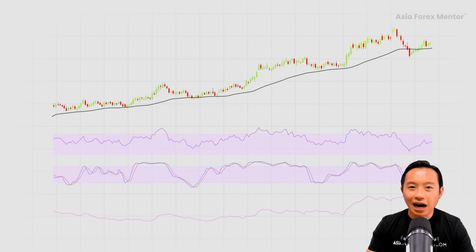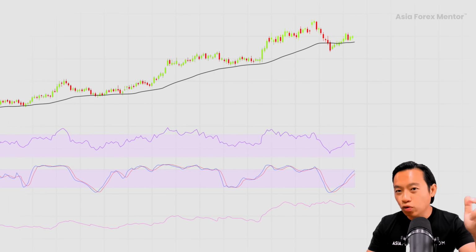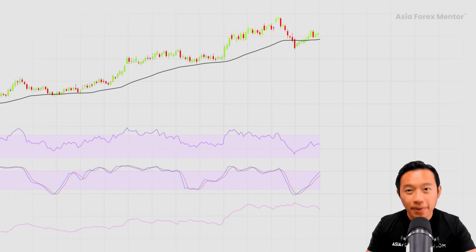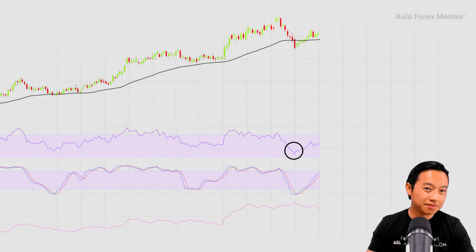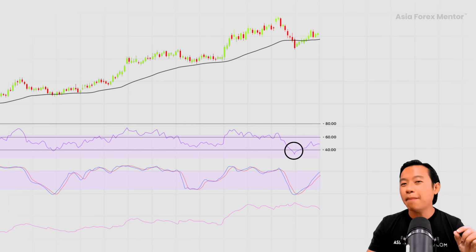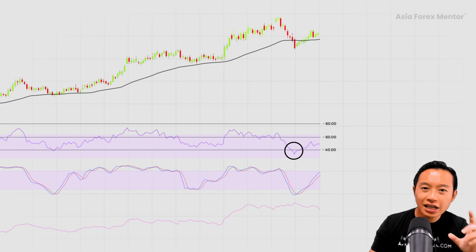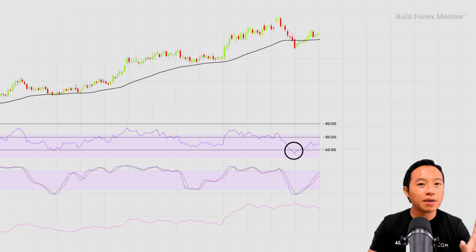For example, with the RSI, you might look to buy when the RSI crosses above the 30 in this case. When the RSI crosses above the 30, it can be seen as a buy signal on the RSI indicator. This serves as an entry trigger. Essentially, the RSI measures momentum in the market.